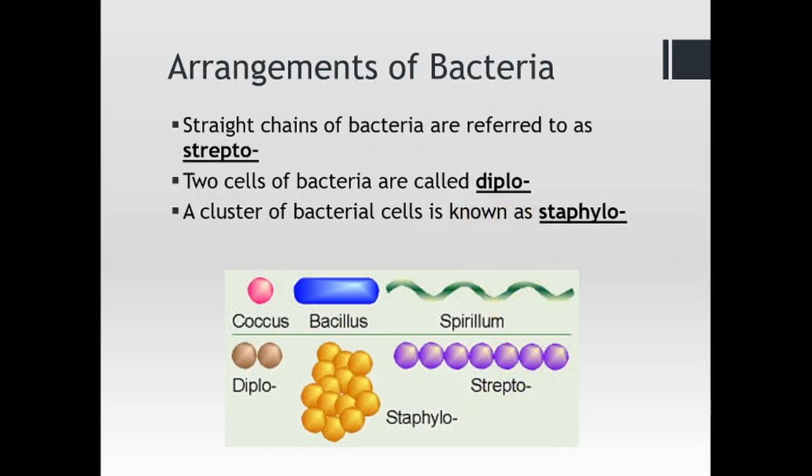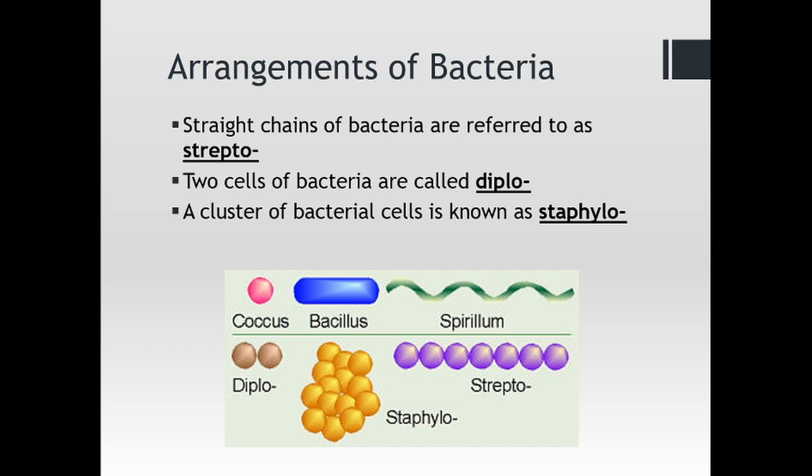So how do they arrange themselves? Well, how do they join cell to cell? Are they rogue? Are they living on their own? Do they like to live in groups or what? So there are basically three arrangements. Straight chains of bacteria referred to as strepto.